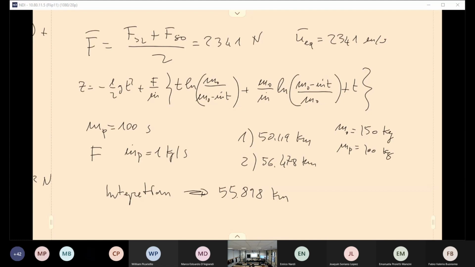So there will be the right moment you have to light your engine. Because if you start the engine too late, it means that you will crash. If you start too early, you go back. And so you can find analytically, it's a nice exercise, the right position.